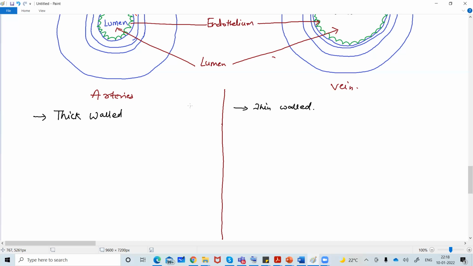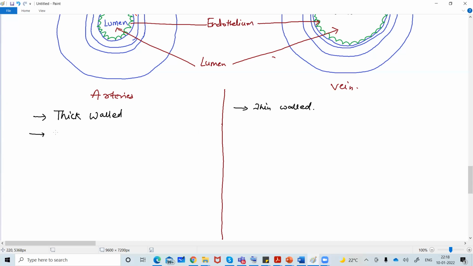Now, veins carry deoxygenated blood and send it to the heart, whereas arteries send the blood away from the heart. That's a fundamental orientation of how the blood is flowing.